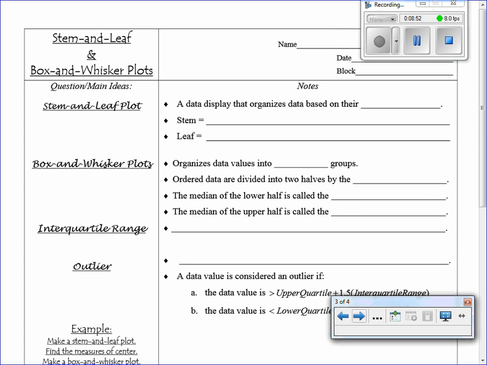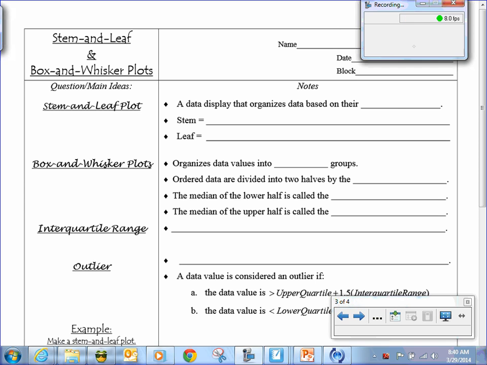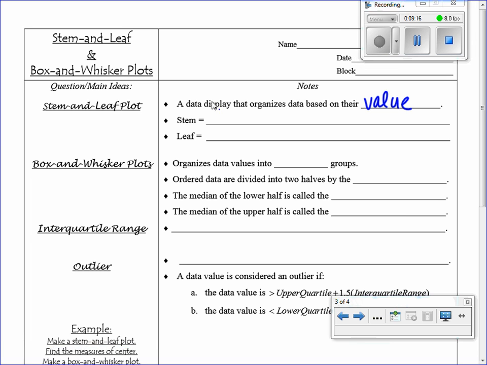So let's see here. A stem and leaf is a data display that organizes data based on their value. The stem normally is representative of the tens spot.